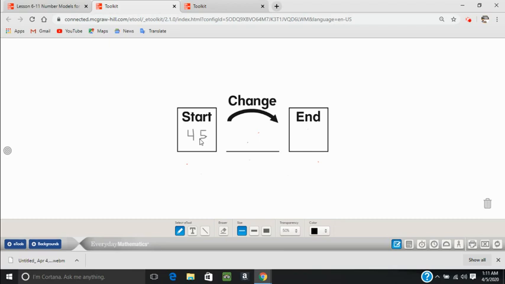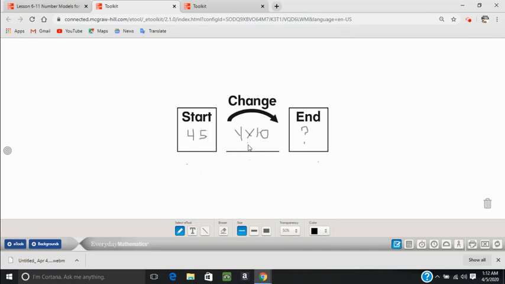The change happened when, for 4 weeks, she put in $10. So for each of those 4 weeks, she put in $10. So we multiply 4 times 10 to find that. And then the end is what we don't know. We don't know how much money she has at the end. That's what the question was asking us.